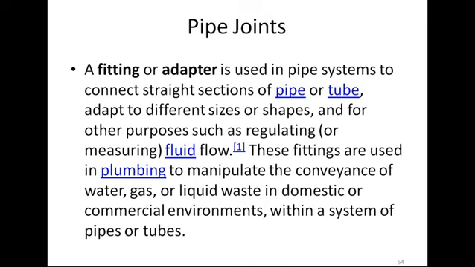The pipes may be metal pipes or PVC pipes. As per the application, what kind of fluid you want to transmit from one place to another, as per requirement we prefer which kind of pipe or which kind of joints you want to use.